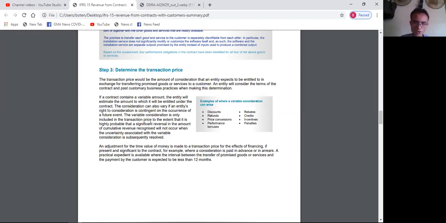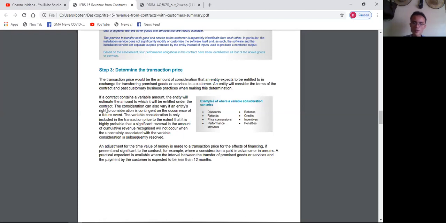Okay, so we have here also the examples in which the consideration becomes variable. The variable consideration arises if an entity's right to consideration is contingent on the occurrence of a future event. That's true.